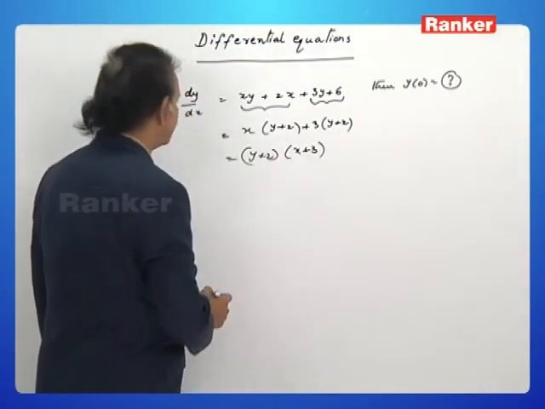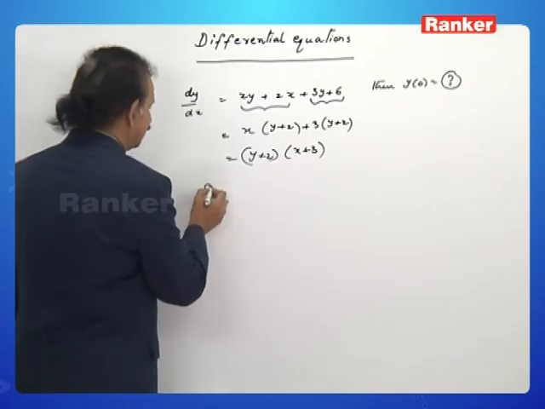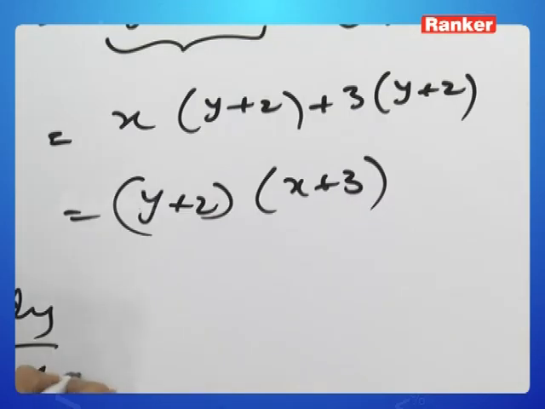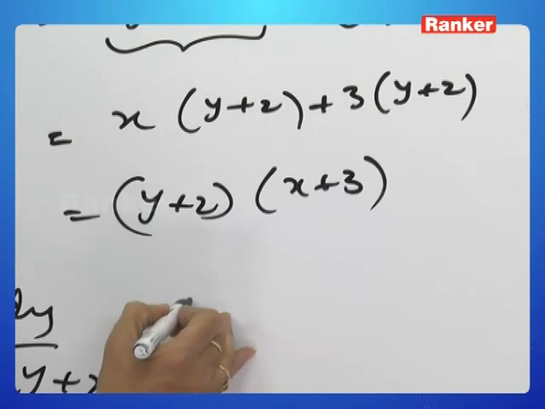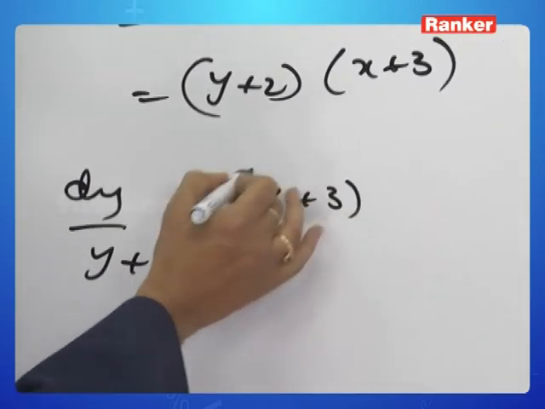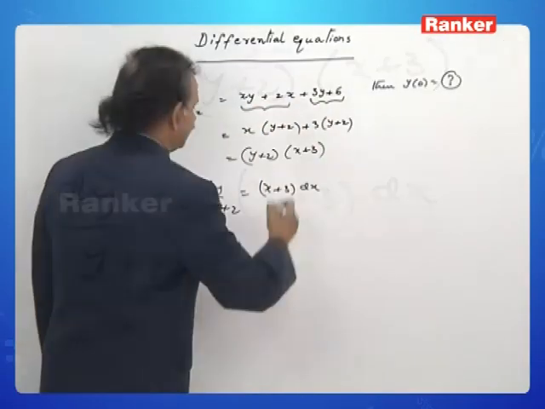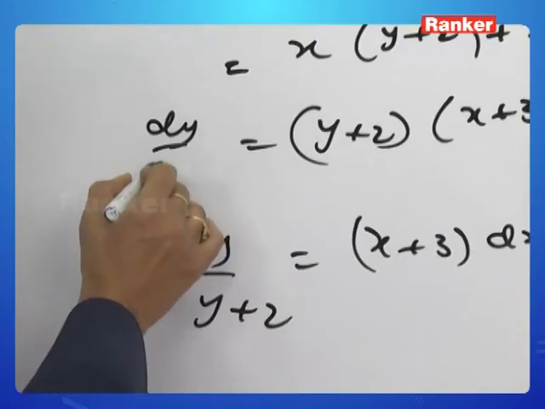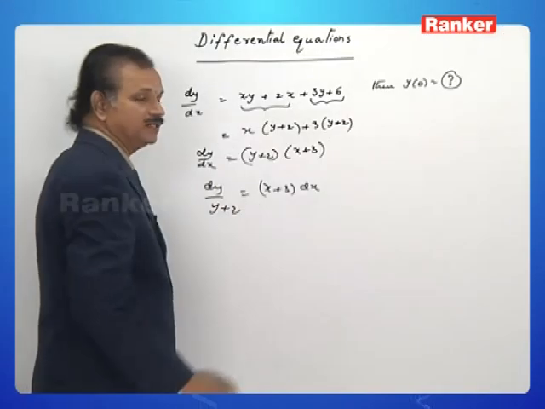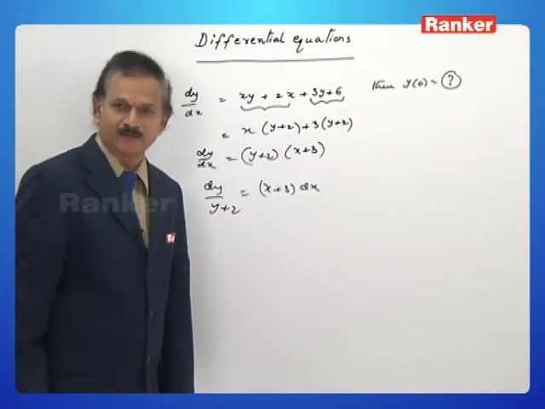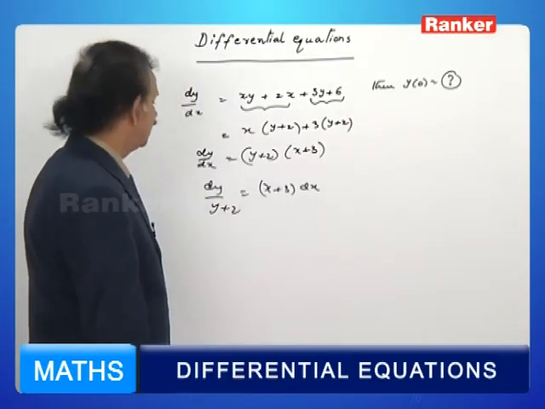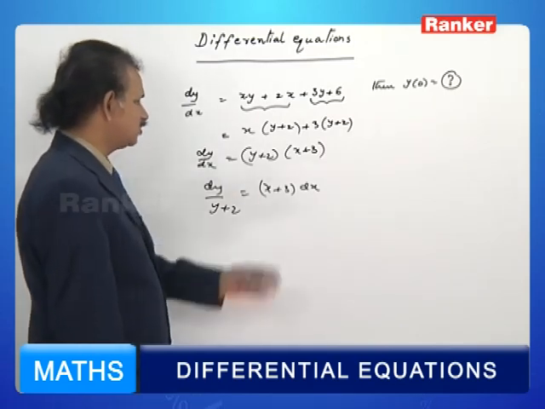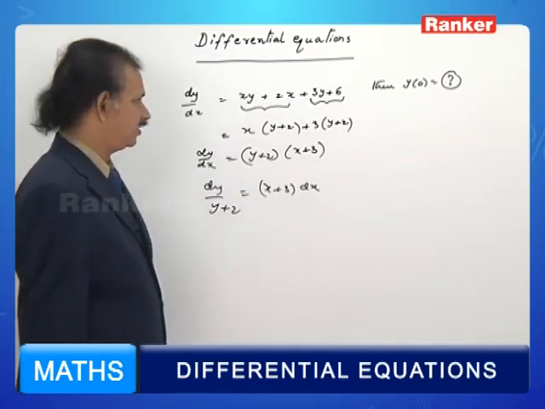Therefore, dy by y plus 2 is equal to x plus 3 dx. Isn't it? Therefore, it is directly available in variable separable form. Am I correct? Yes, of course.